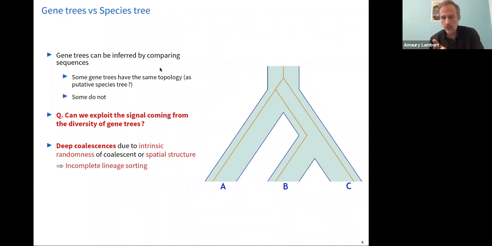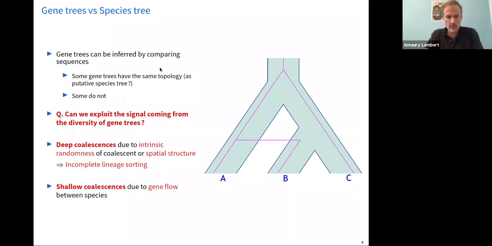Not shown on the picture, you may imagine that actually the two lineages ancestral to B and C are trapped in two different geographically separated populations, and so cannot coalesce because the two populations do not interbreed. The second class of cause for this discrepancy is shallow coalescences, and these shallow coalescences, as you can see on the picture, can be due to gene flow between species.